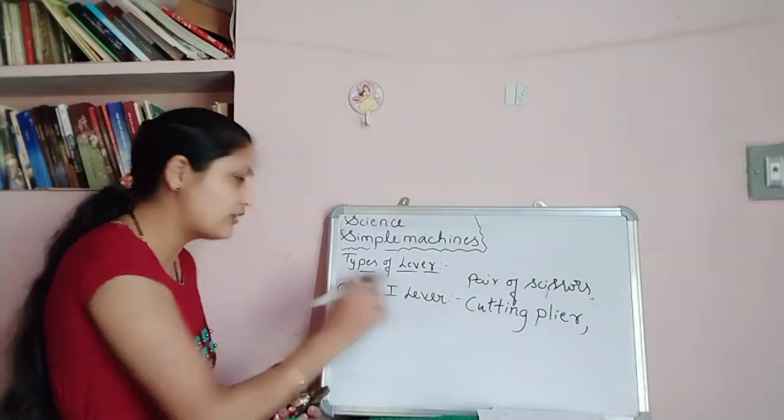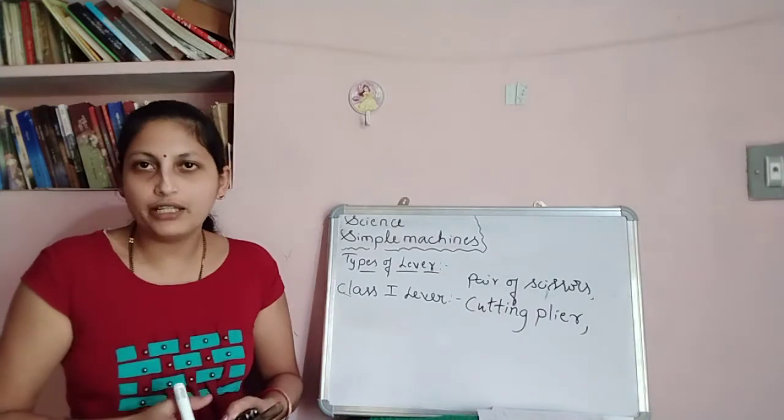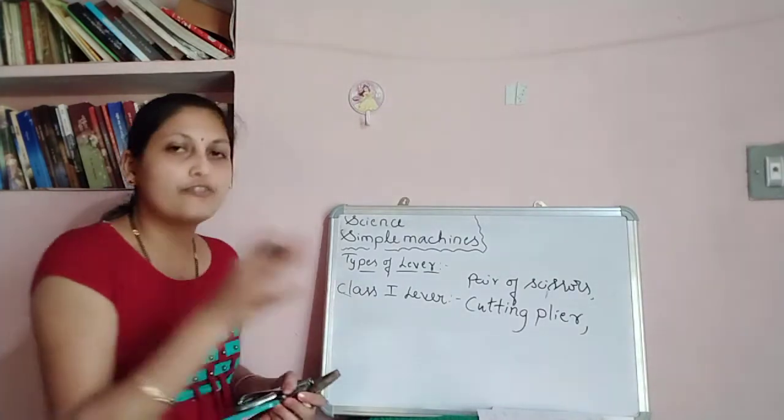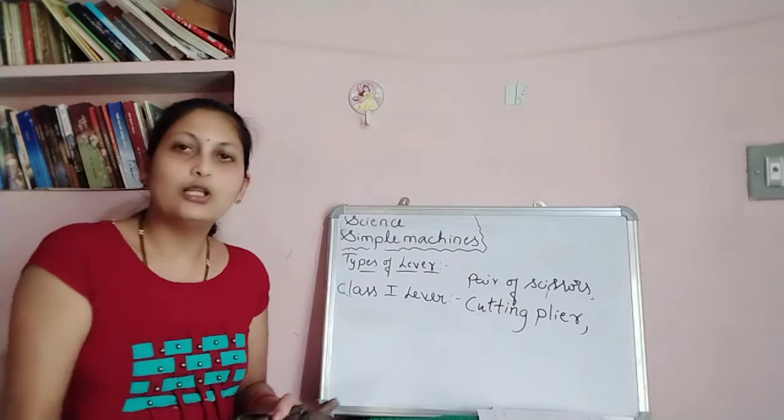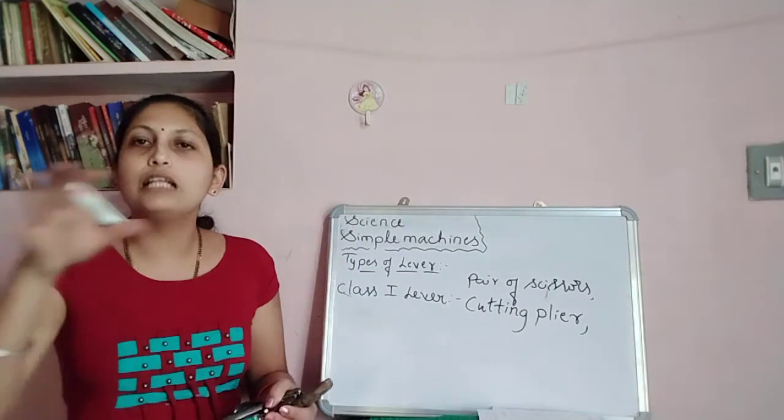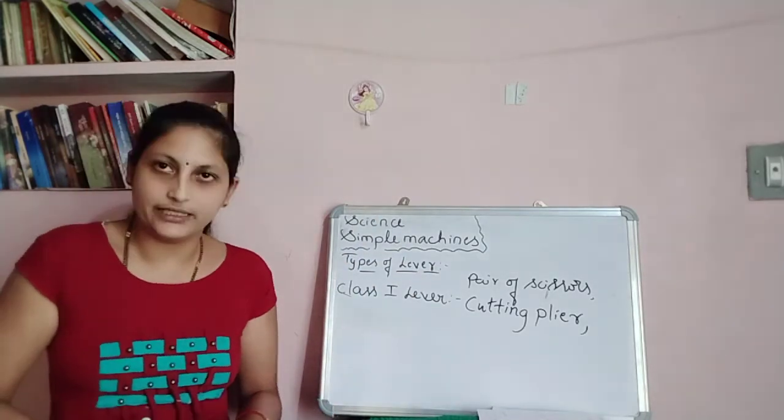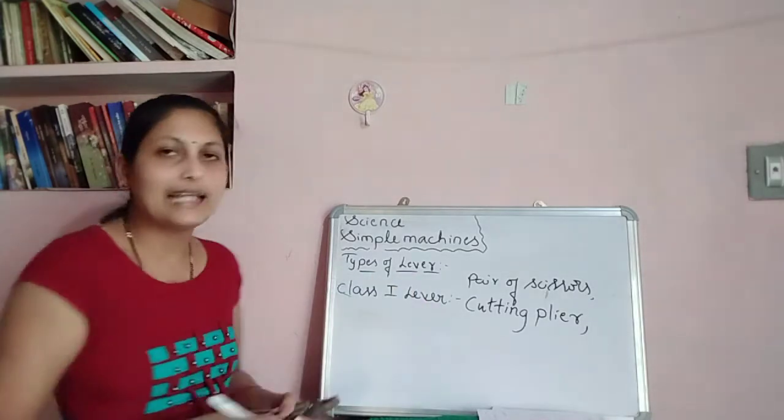So how to identify class 1 lever? Here in this case, fulcrum will be at the center, load will be placed at one end and will apply force in the another end. Such type of lever are called class 1 lever.